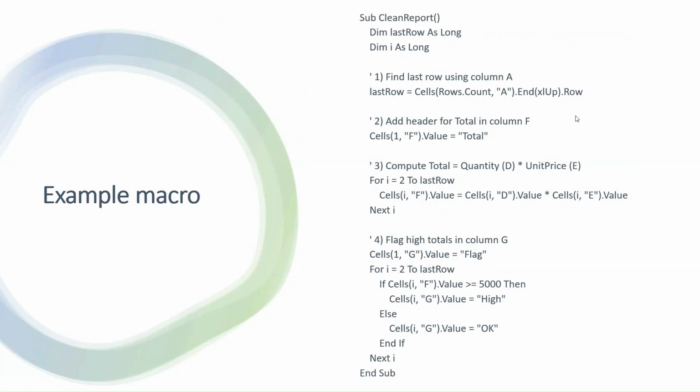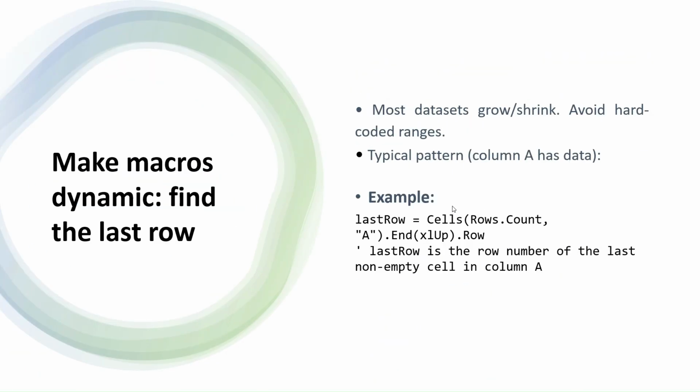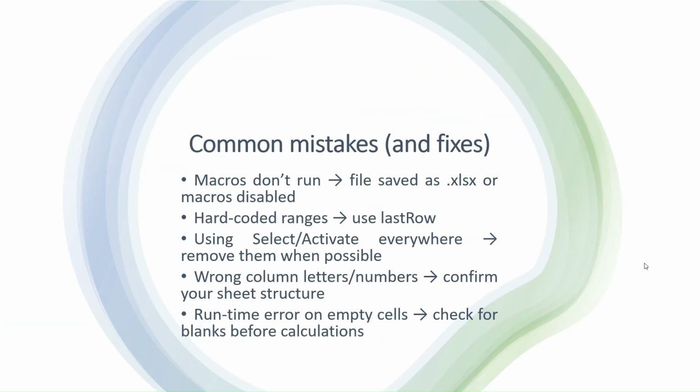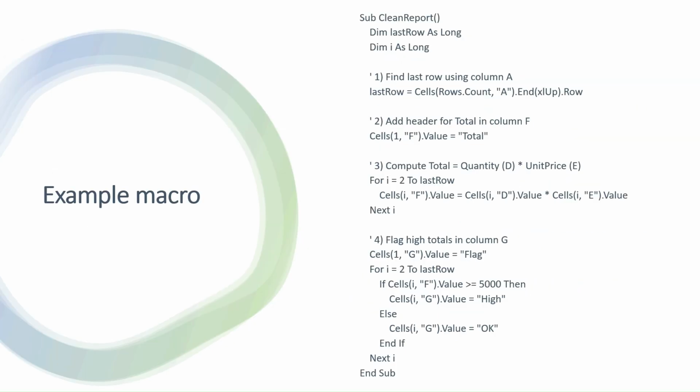Here you have a clean report that we want to produce, similar to the example that I gave you earlier, not exactly this, but something like that. So what we want to do here is to create a macro that produces a clean report.